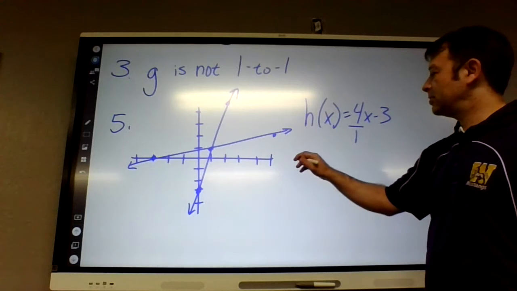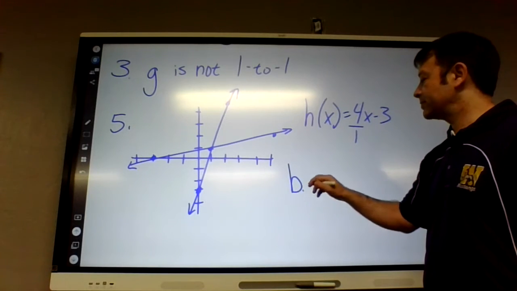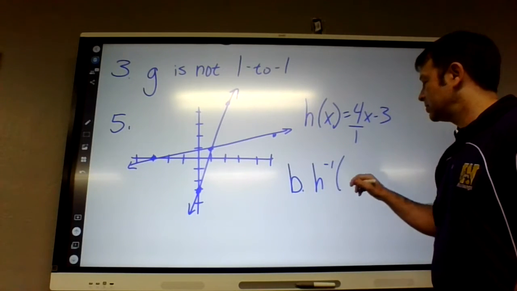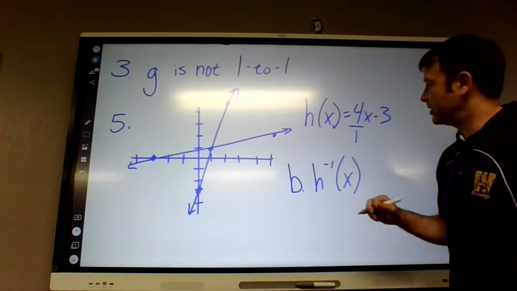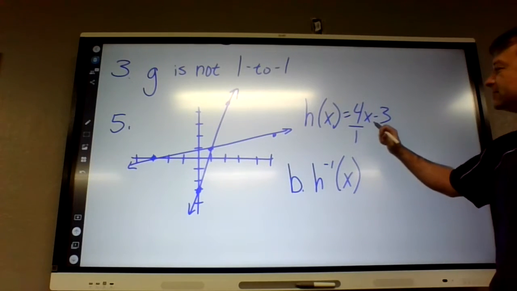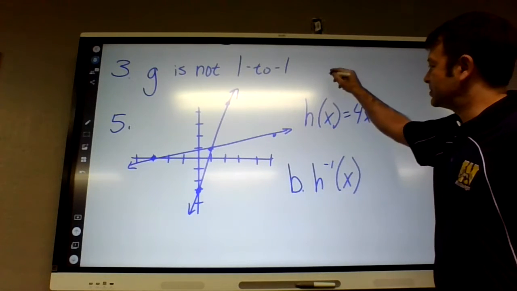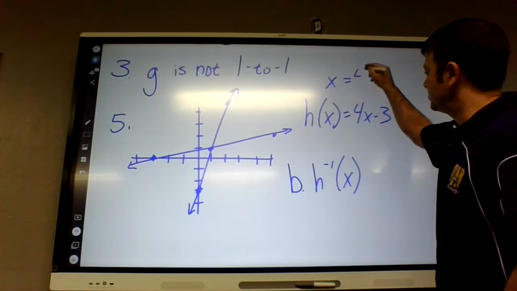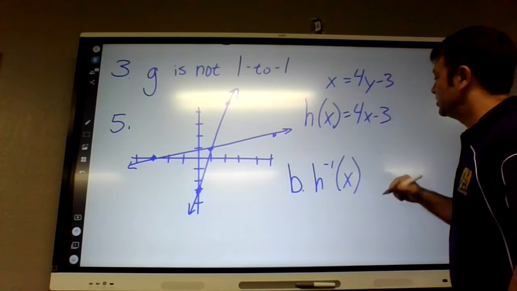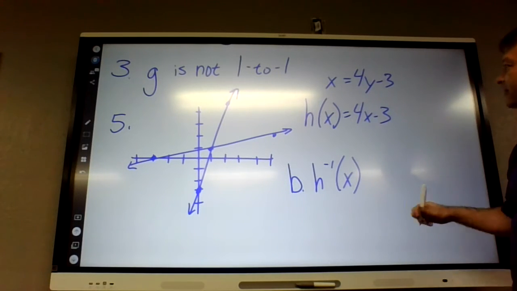Okay, so b says find a rule for the inverse. Alright, how do we do that? Flip the x and y. So h of x is like the y. So x equals 4y minus 3. How do I solve that for y?